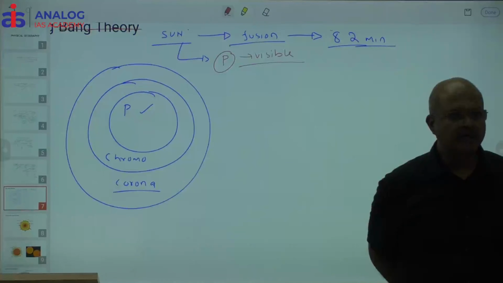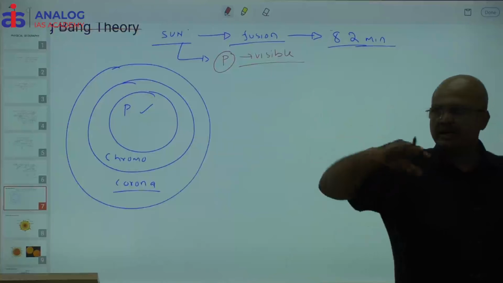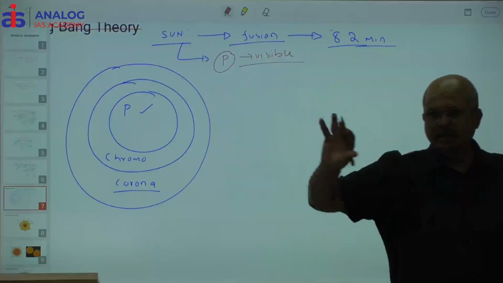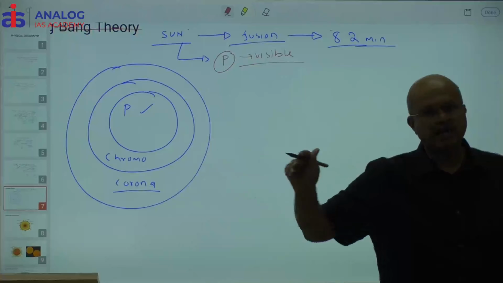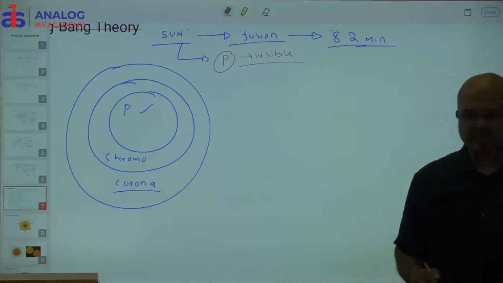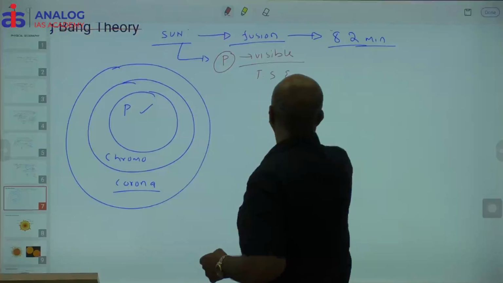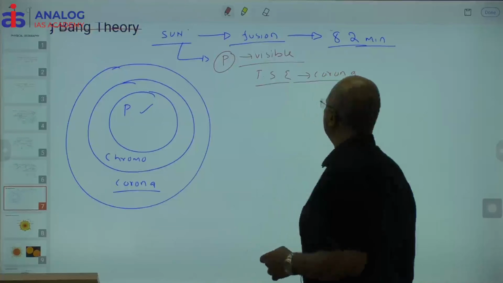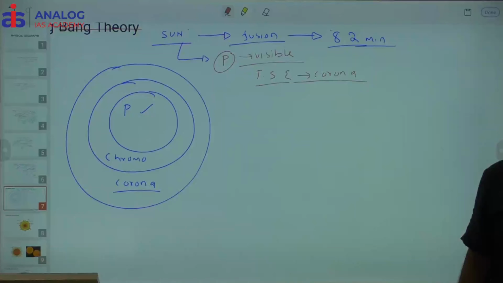When the Sun is covered by the Moon, with the Sun on one side, and the Moon and Earth on the other. This is referred to as which phenomenon? Solar eclipse. So during a total solar eclipse, the corona is visible.